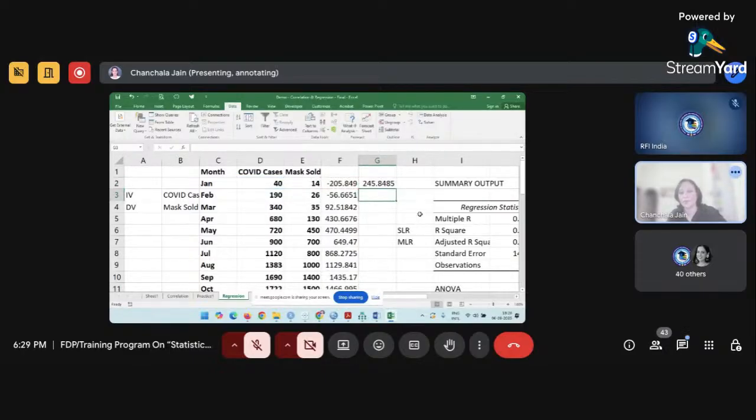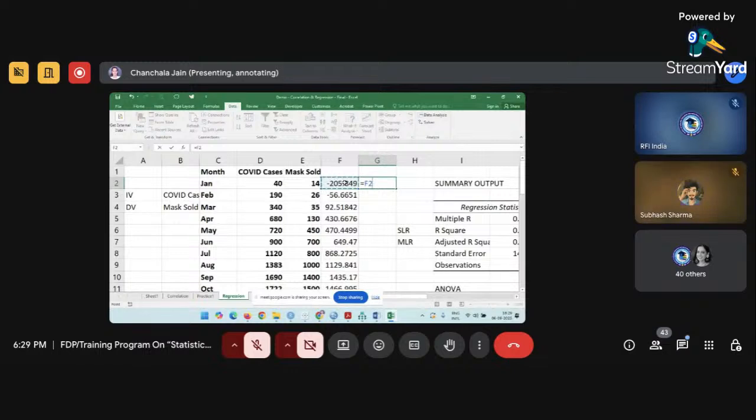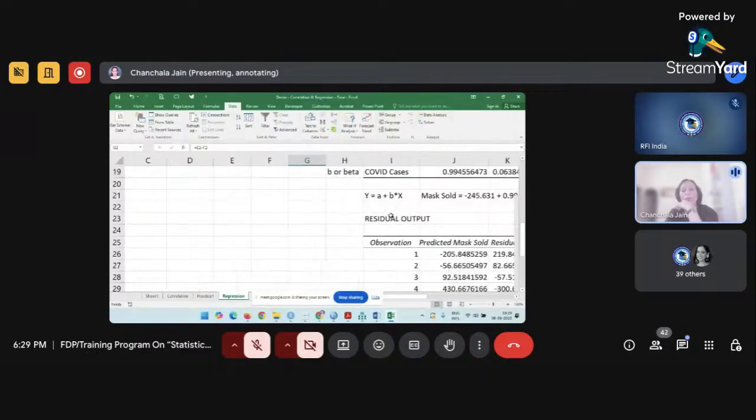Getting my point? So this way you can calculate predicted values on your own.